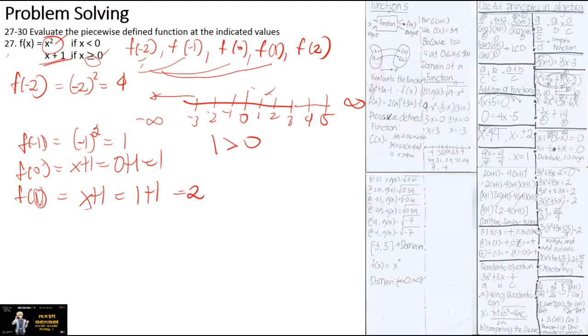That will be 2. Okay? So, ito naman, f of 2. Is 2 greater than 0? Yes. So, ito pa rin. Diba? x plus 1 is equals to 2 plus 1 is equals to 3. Okay? So, yun yung mga sagot natin: 4, 1, 1, 2, 3.